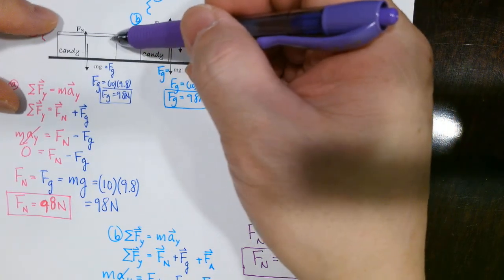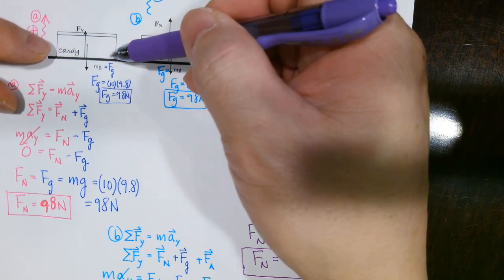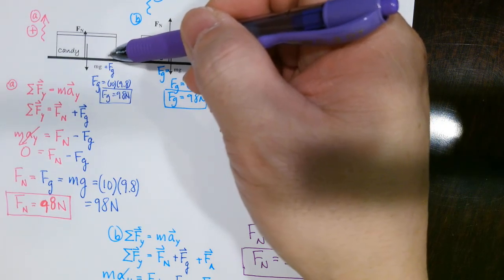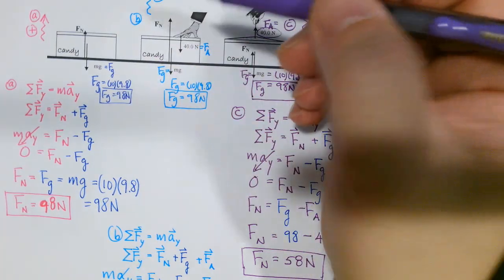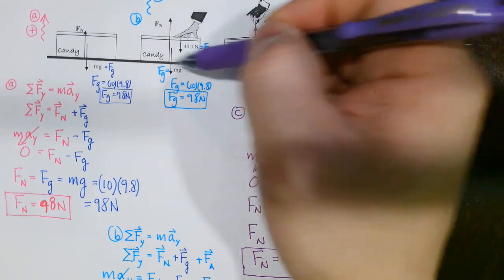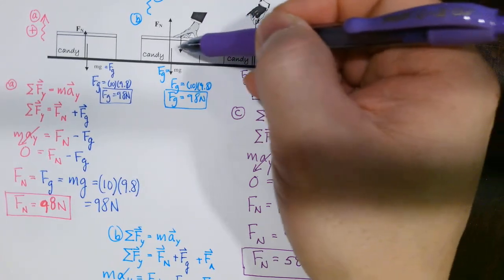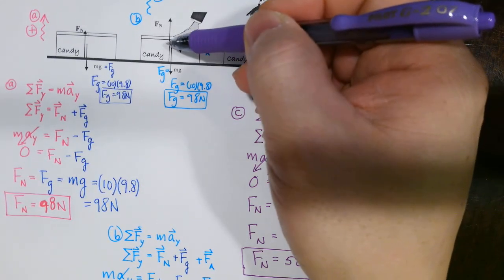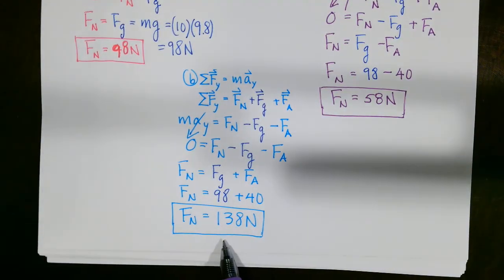So if I lay a box of candy that has mass of 10 kilograms on that bathroom scale, that bathroom scale would read 98 newtons. But if I press down on that candy with 40 extra newtons of force, the bathroom scale is going to read greater than 98, it's going to read 138 newtons.